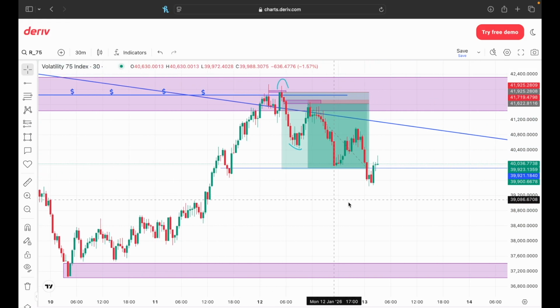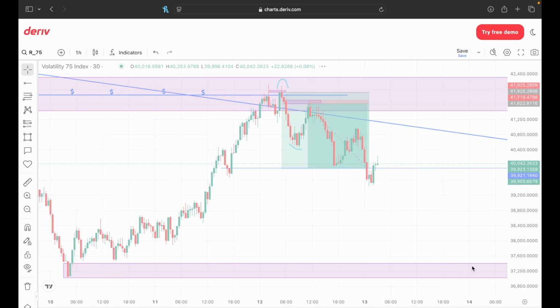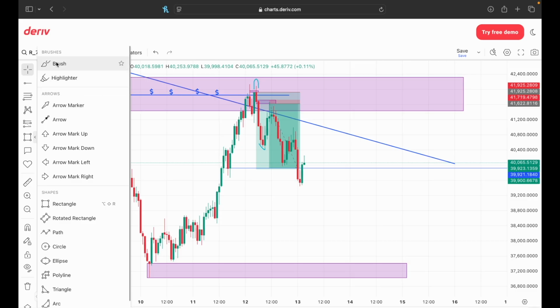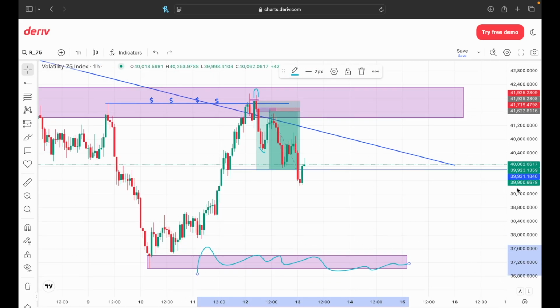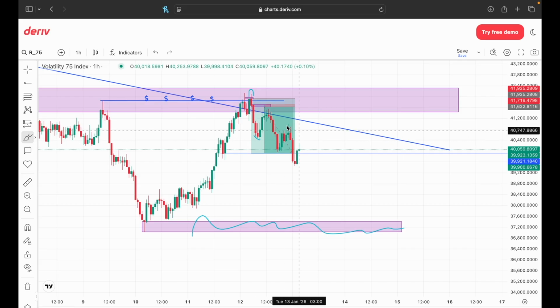Now the reason why I still think price will come down to the 37,200 area, which is right down here. Look at this. As I said, V75 maintains perfect structure most times.